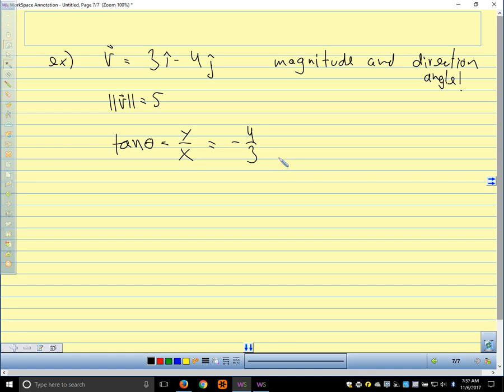And when I plug this in my calculator, theta is inverse tangent of negative 4/3. Your calculator says, okay, we restricted the domain of the tangent function to negative pi over 2 to pi over 2. So this angle is negative 53.13 degrees. Usually with vectors we measure in degrees.